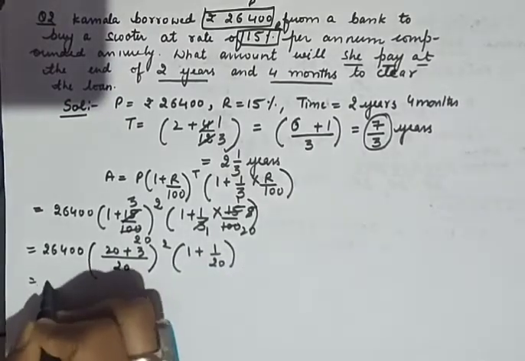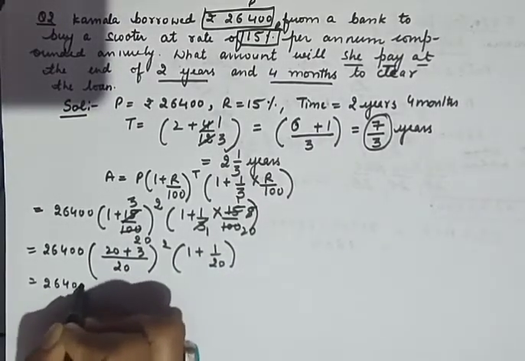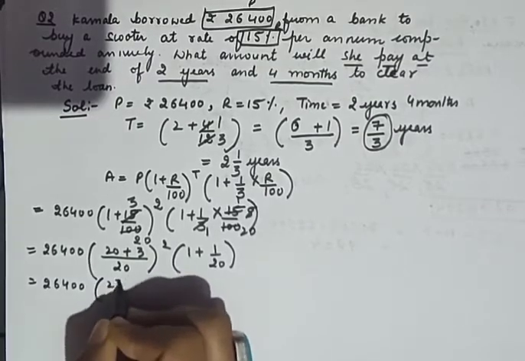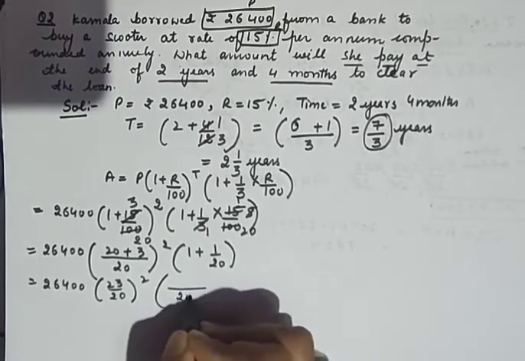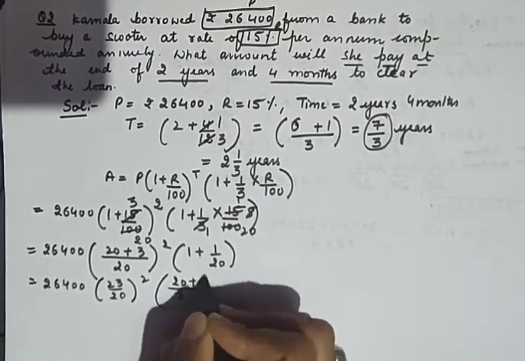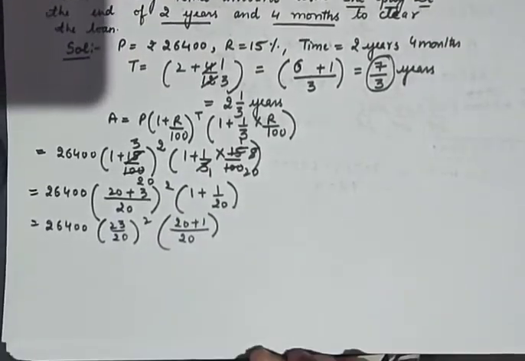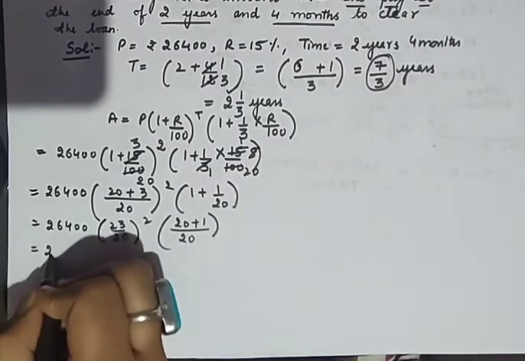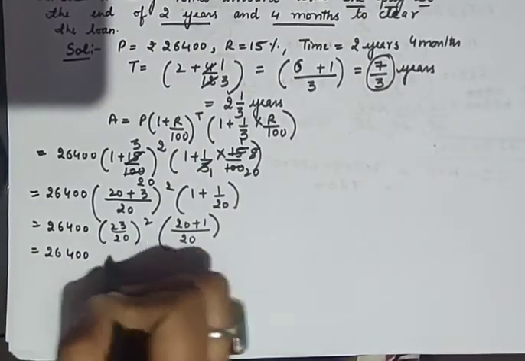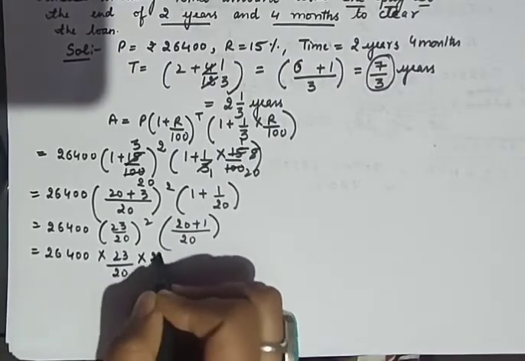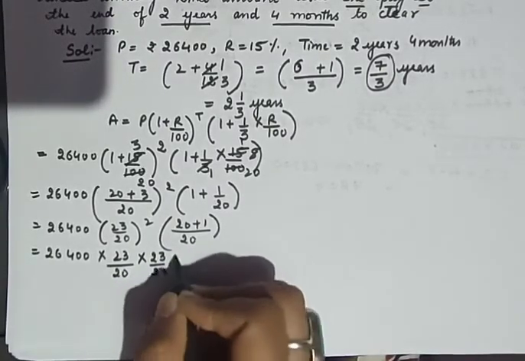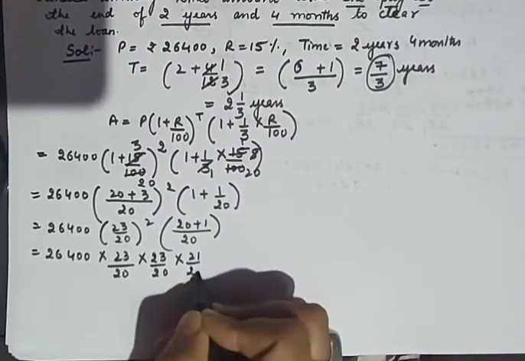So after this it is 26,400 into 21 upon 20 whole square, and again 20 plus 1 here, so it will be 26,400 into 21 upon 20 into 21 upon 20 into 21 upon 20.